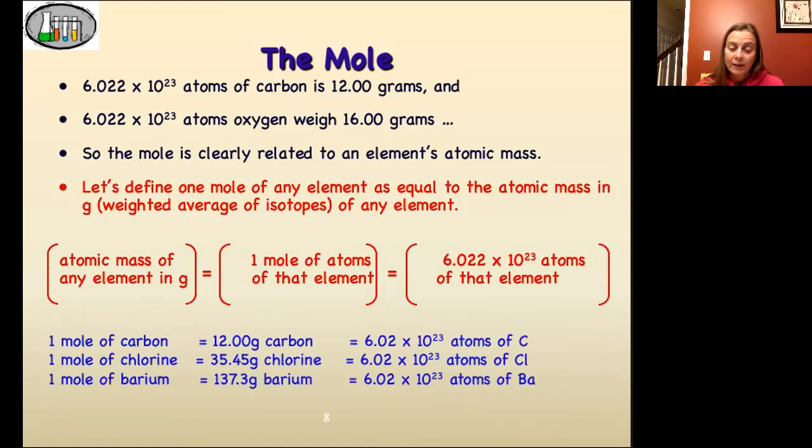So no matter what the element is, 1 mole of it has the mass that's on the periodic table in grams per mole. And so we can use this to convert between mass and moles. And eventually we're going to take that out to 2- and 3-step problems.